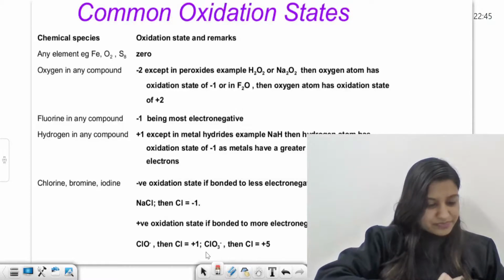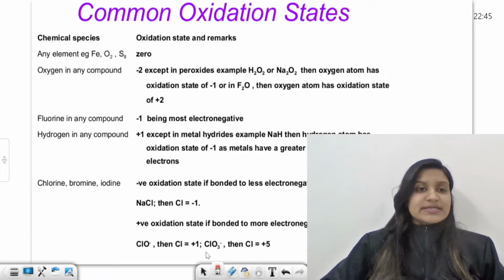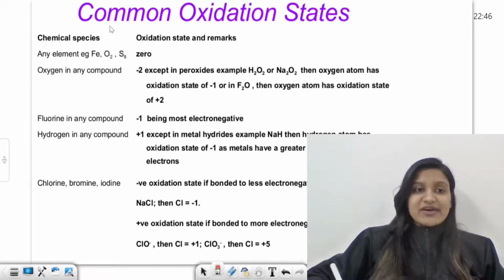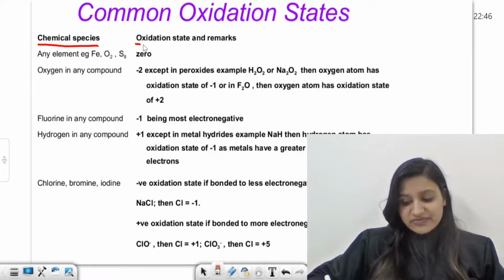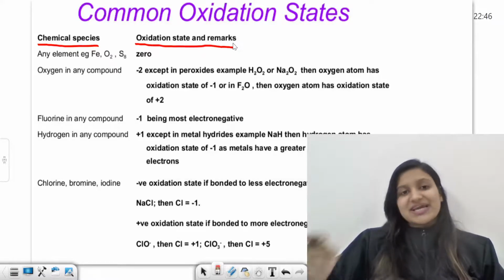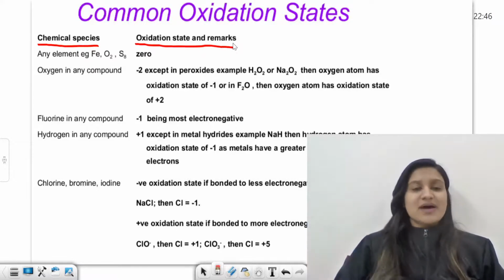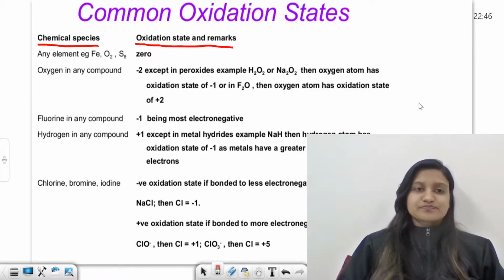So here we have given some chemical species, and their oxidation states and some remarks on why it is happening.